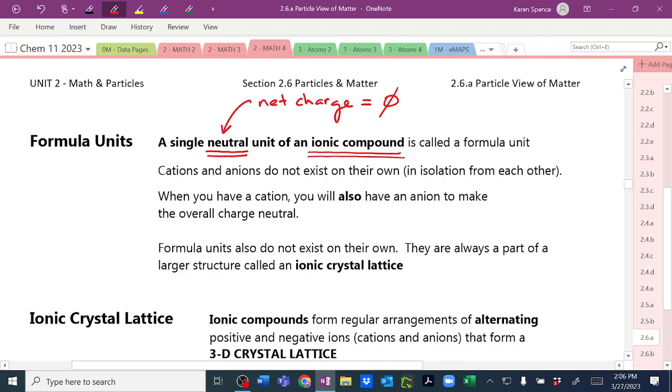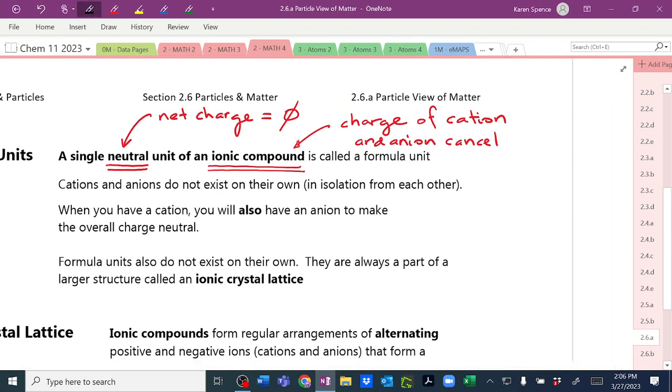And since it is made of ions, that means that the positive cation must cancel out the negative anion. The charge of the cation and anion cancel.